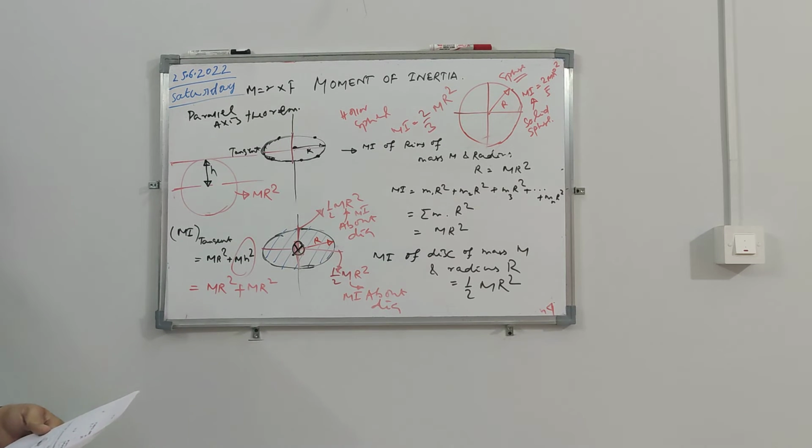Solid sphere, hollow sphere, disc and ring. Ring, disc, hollow cylinder, solid cylinder. So ring is mr square and disc is half mr square.